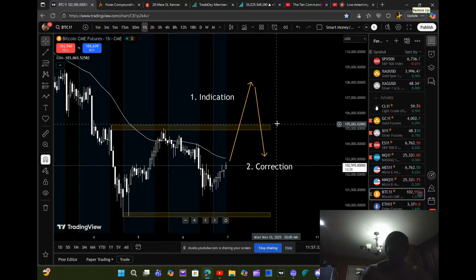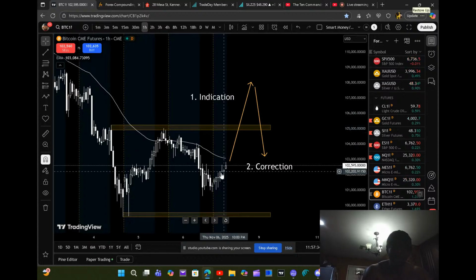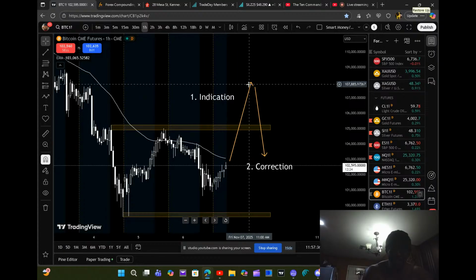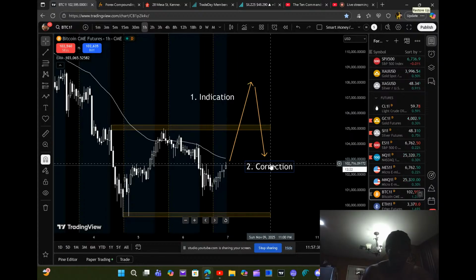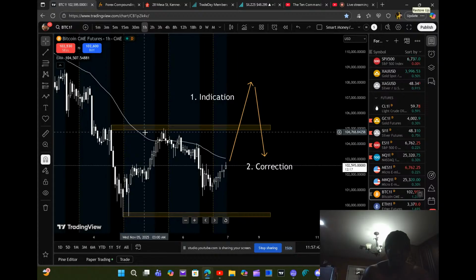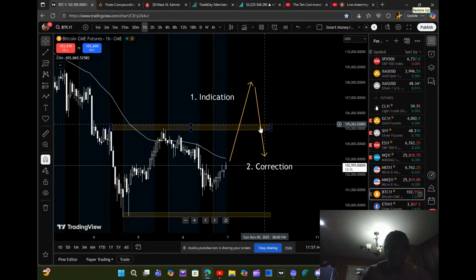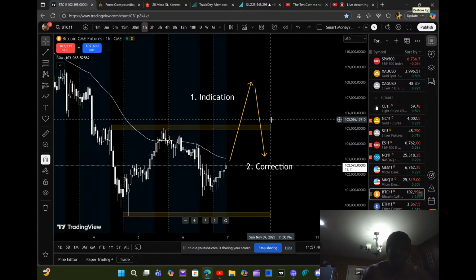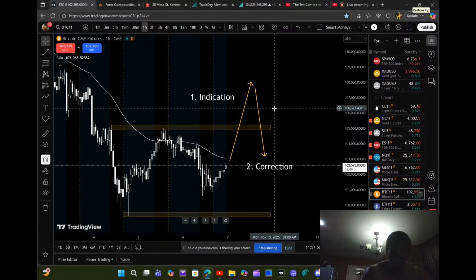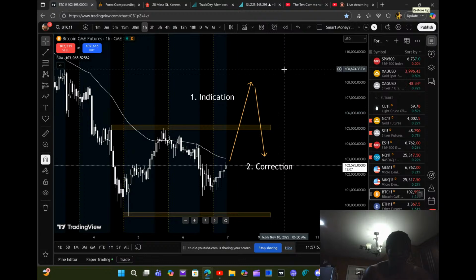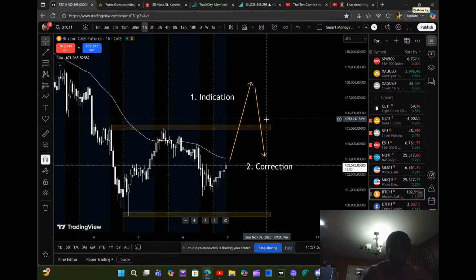So the way he trades it, he wants to see indication, correction. And then as price starts to go up and breaks this high right here, that gave you that indication. Everything above that high is bullish, everything below this low is bearish. So he wants to see it break this. Once you get that candle breaking close, then he will get in the trade.